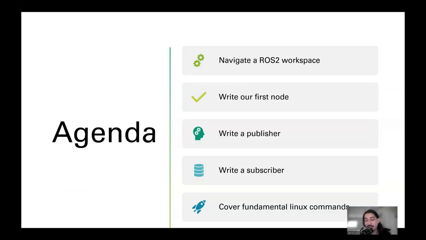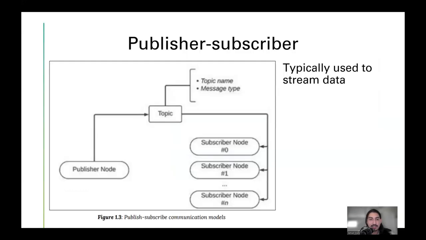You don't need to know a lot of Python, just enough that you could at least have an idea of what's going on when we're writing code on a screen or just navigating a script of Python. But as far as Linux goes, it's one of those tools that you should know if you want to become a robotic software developer, but you'll see enough to navigate at least this tutorial series and navigate a ROS2 environment just by following along with this video.